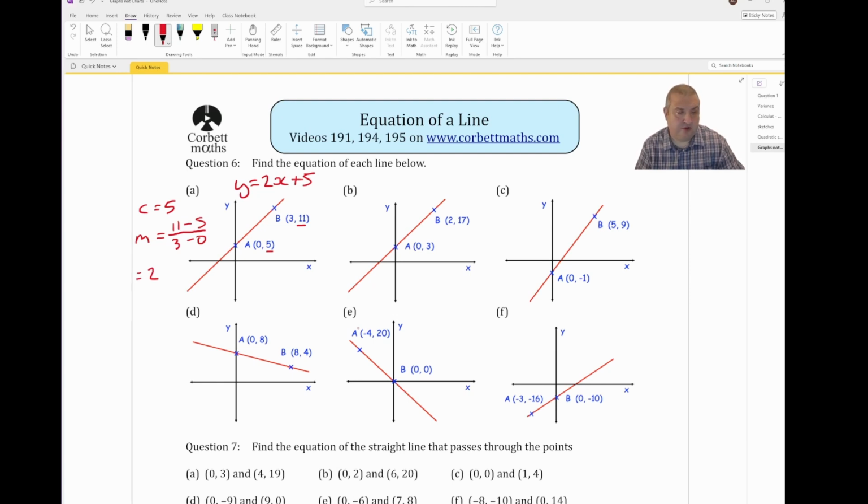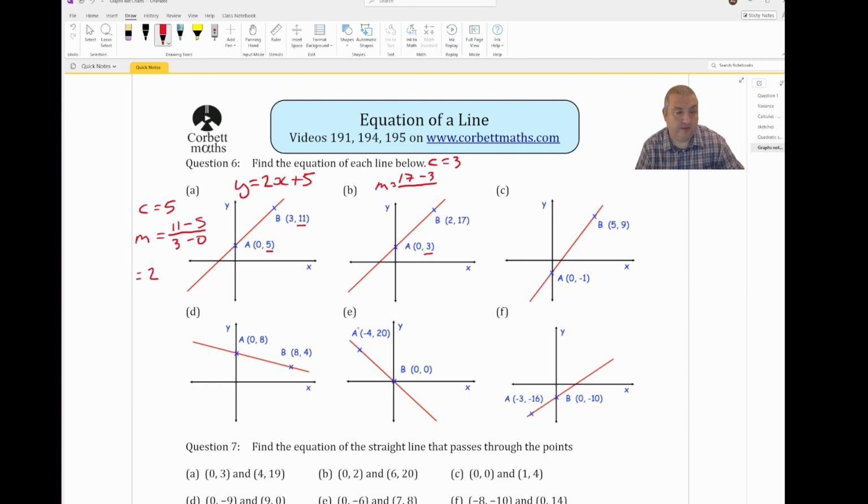So for question B, it crosses the y line here at 3, so C equals 3. The gradient, M, is going to be equal to the change in y. Well, y goes from 3 to 17. So that's 17, take away 3, divided by the change in x.